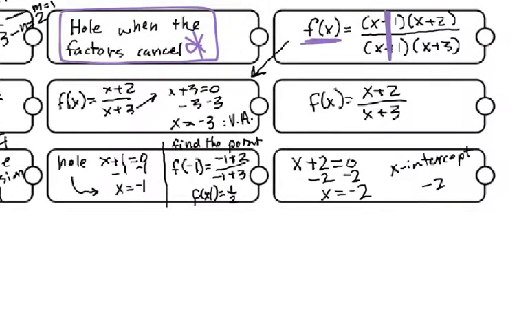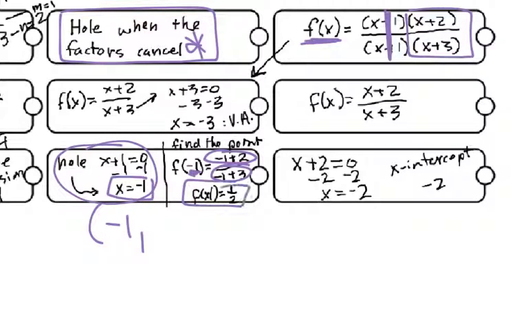So you take that x plus 1, you set it equal to 0, solve for x, that's the x value. Then use your simplified function, plug in your x value, and solve. That'll give you your y value, and that's the point where your hole is.